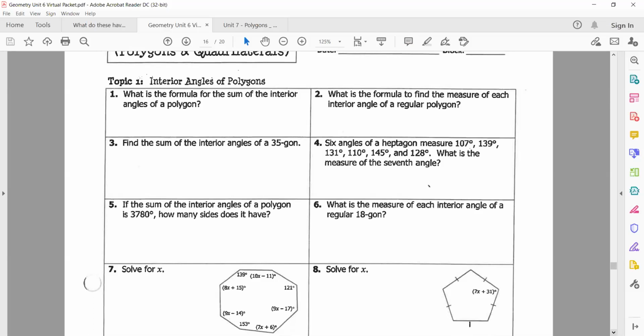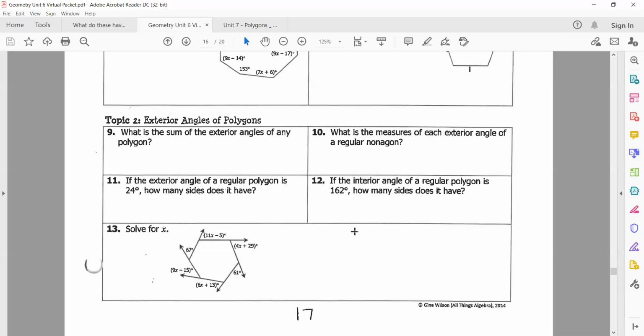Dang it. Yeah, n being the number of sides, right? Here, and I am going to pause it this time. The rest of that page talks about exterior angles of polygons.